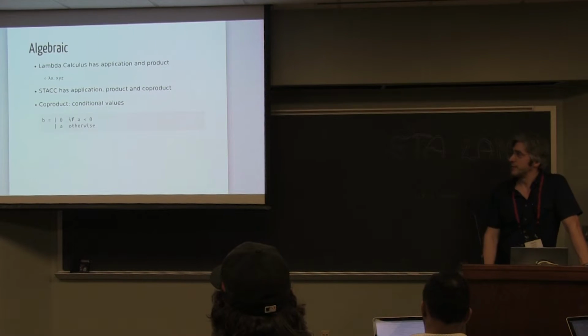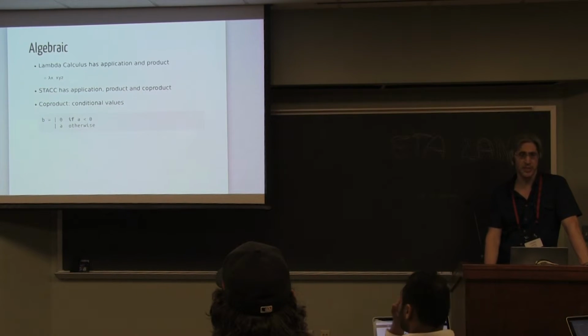In the basic meta theory, it also has coproduct. That's why I'm naming it algebraic, because it has both dualities of product and coproduct. And what the coproduct gives us is conditional values. We'll see disjoint union, which could be another name for a coproduct.